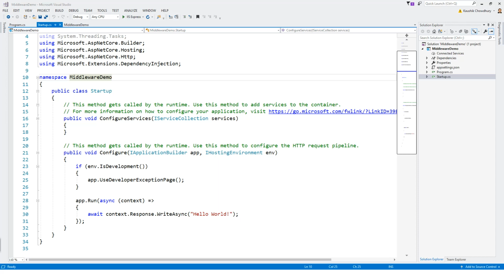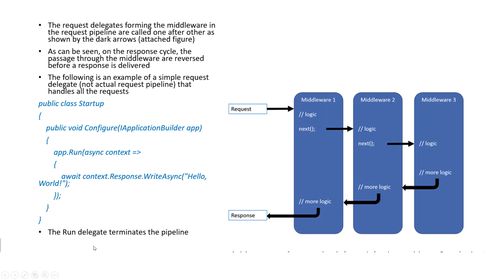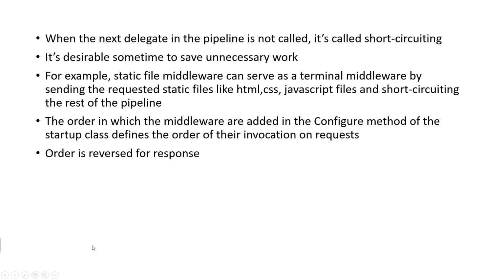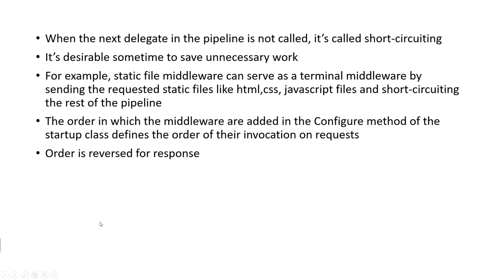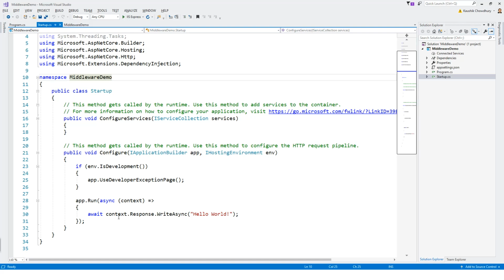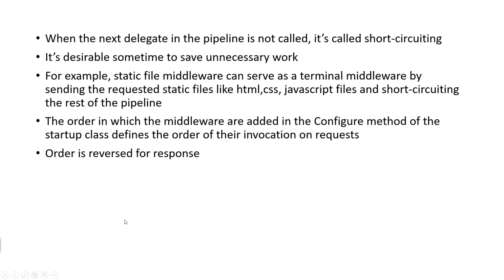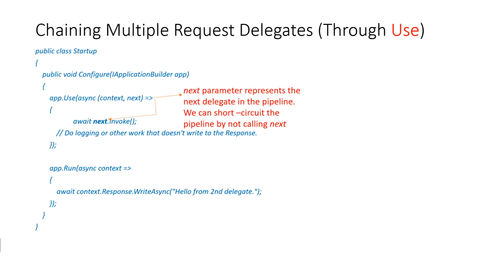If you go back to the slideshow, when the next delegate in the pipeline is not called, this is called short circuiting. Now going back to the code, this one has no next parameter.